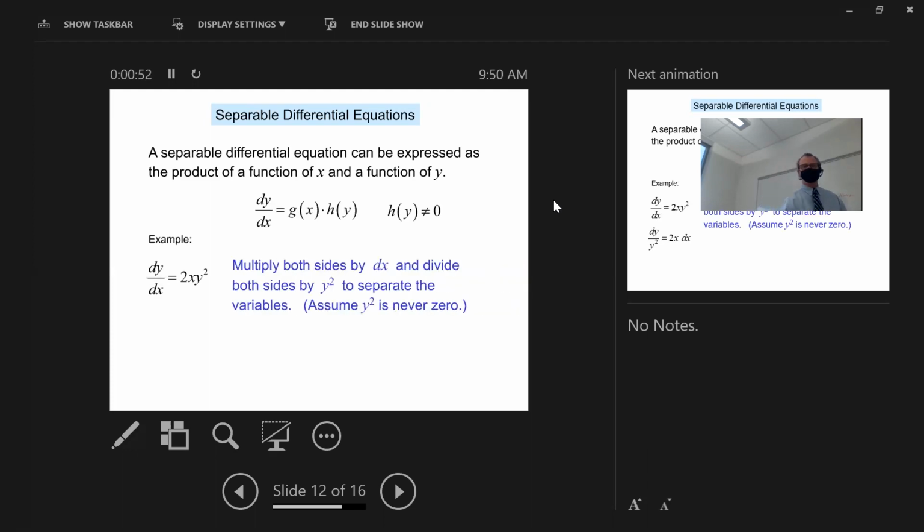So here's the issue. When you get a problem that looks like this, the change in y with respect to x depends upon x and y. So you can't do a problem like this until you put the x's with the dx and the y's with the dy.